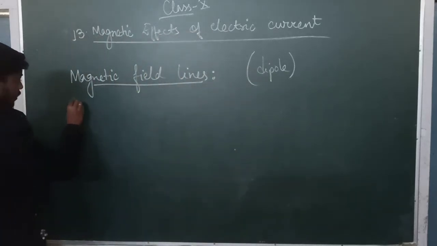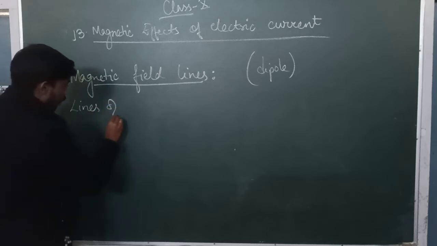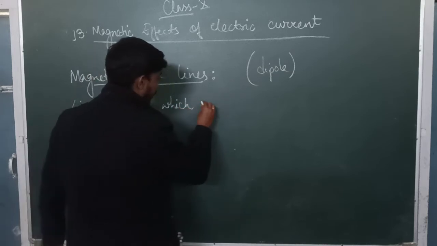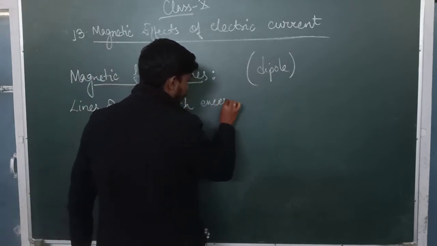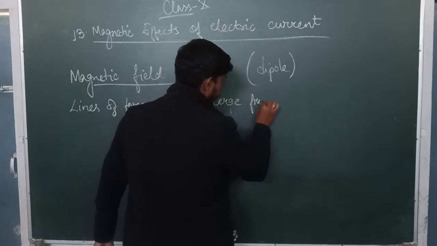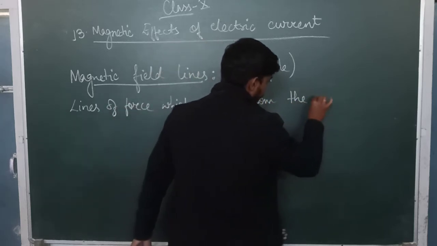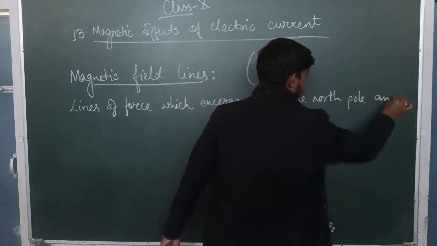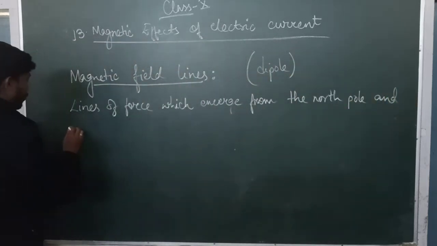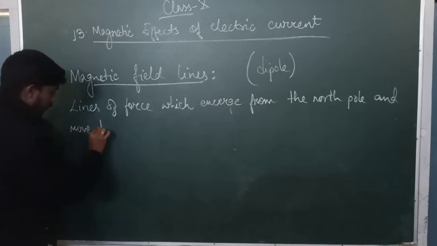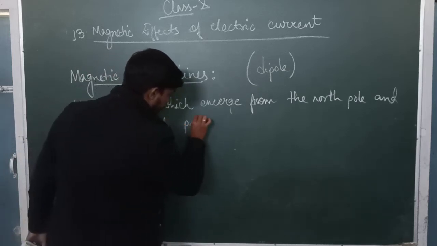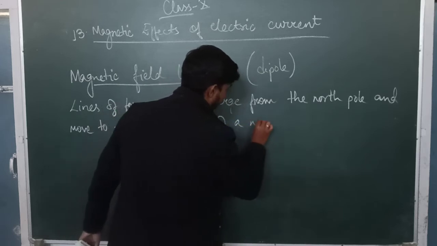can be written as lines of force which emerge from the north pole and move to the south pole of a magnet.